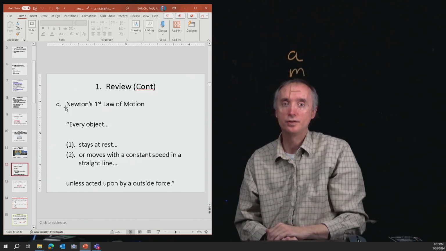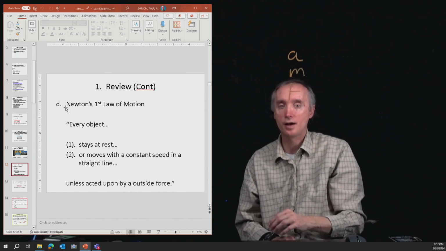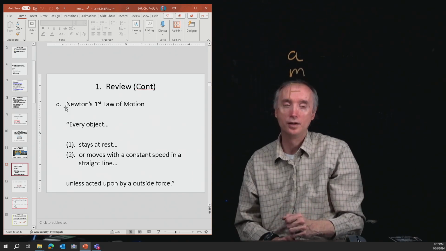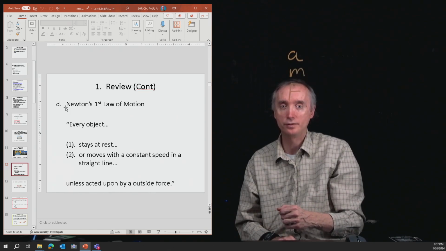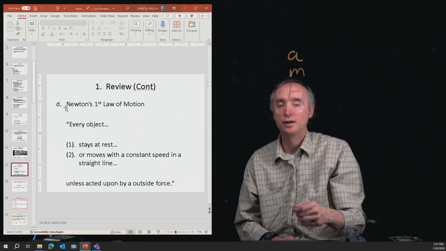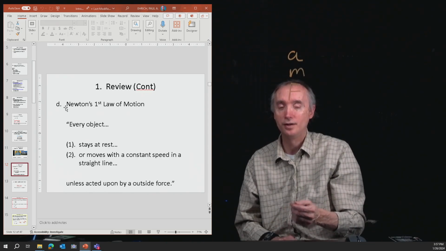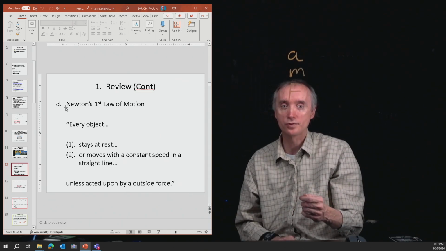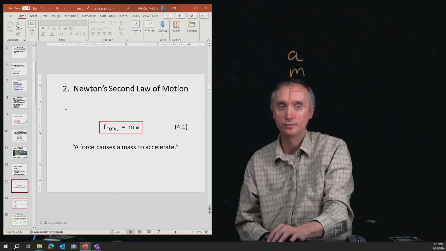And then we also did Newton's first law of motion, which says that an object that is moving will continue to move forever and ever at a constant speed unless a force acts on it. And then if an object is not moving, it will continue not to move forever and ever unless a force acts on it. So that's a review of what you should know already.